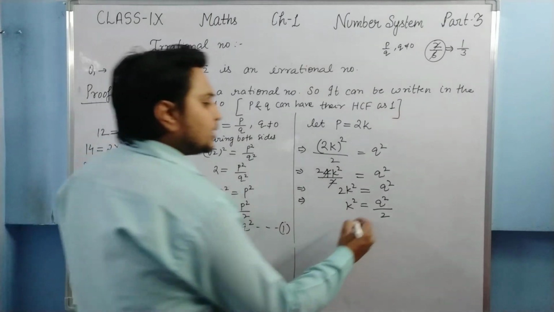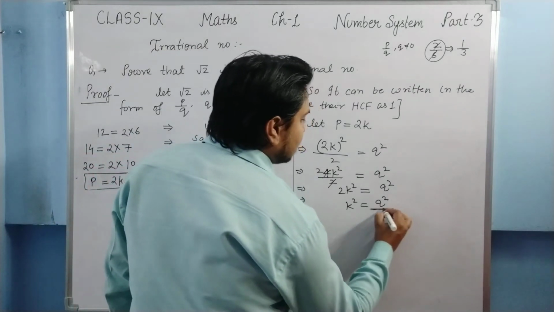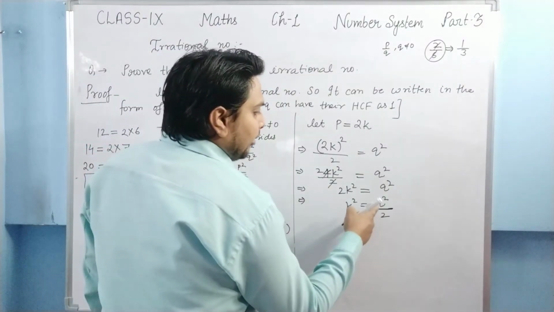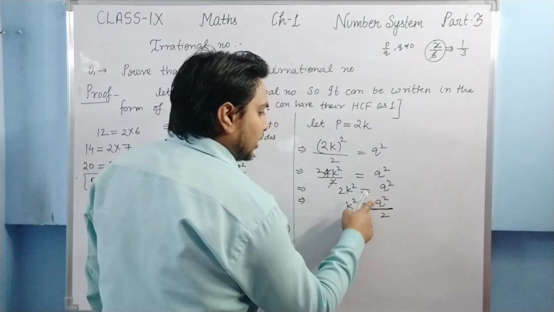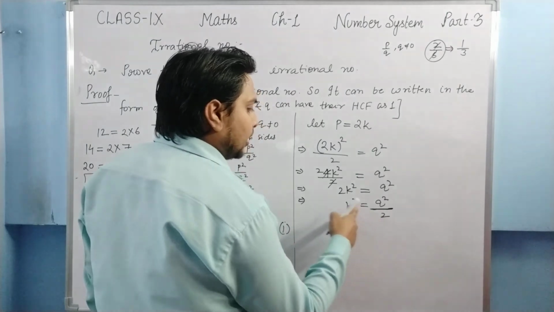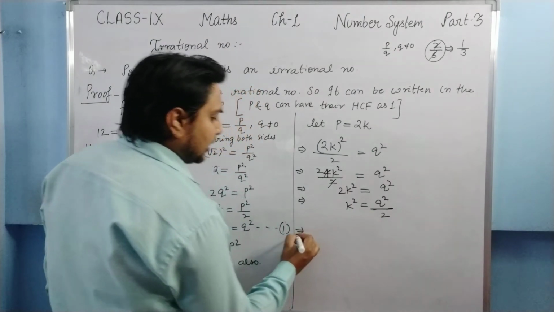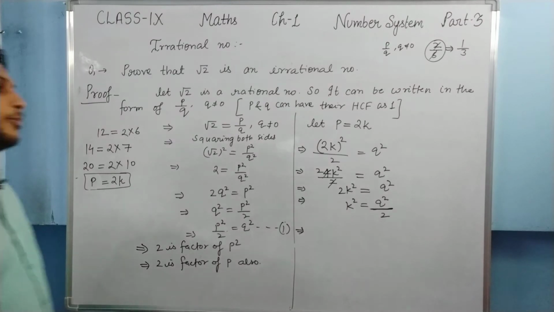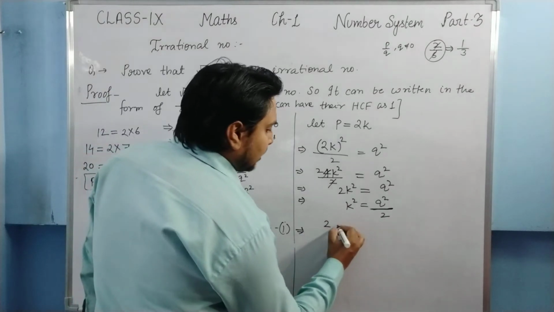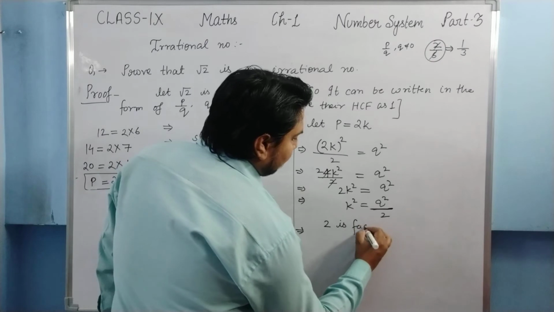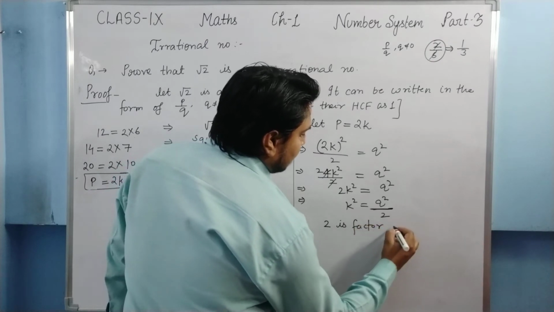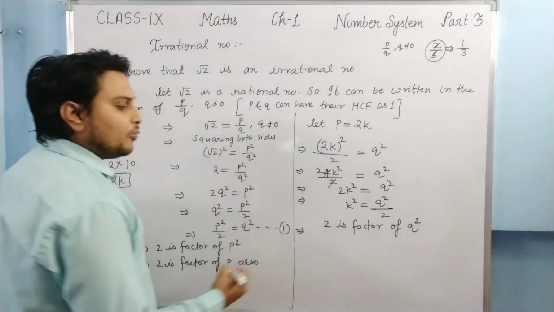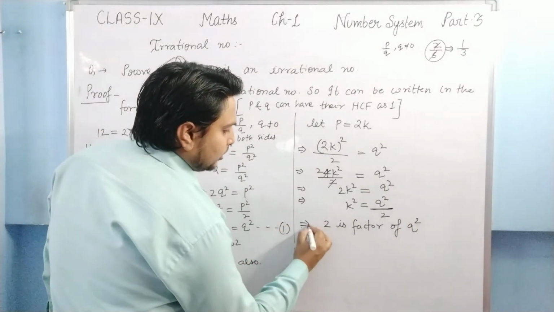So here we can see that again, if we divide this number Q square by 2, we are getting an integer type of number. So we can say that 2 is a factor of Q square.